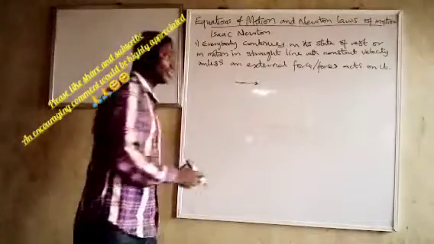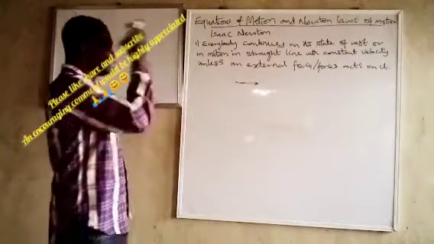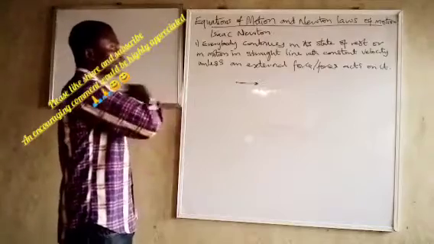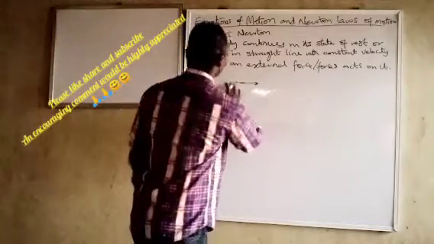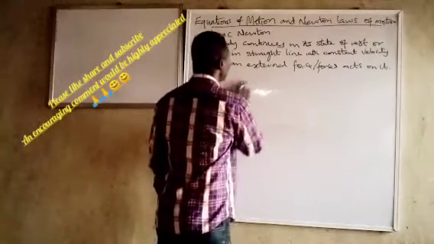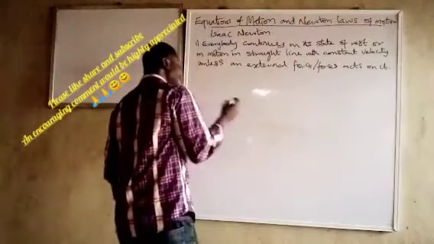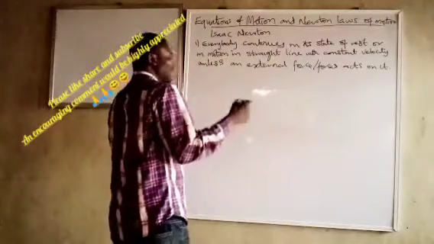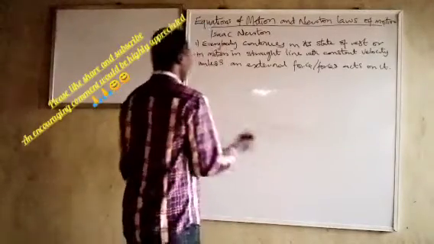The velocity will not reduce, the velocity will not increase, it will continue with that constant motion, unless a force acts on it. This now brings us to define what force does.